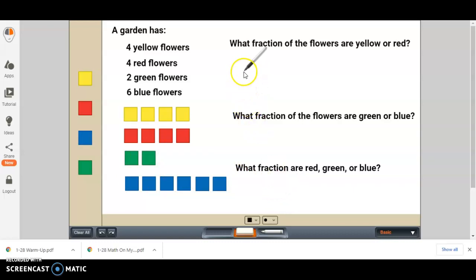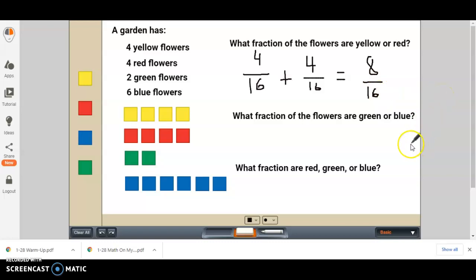So, of all 16 flowers, 4 flowers are yellow, 4 flowers are red. Which means, how many would be either yellow or red? Eight 16ths. Absolutely, 8 out of 16.